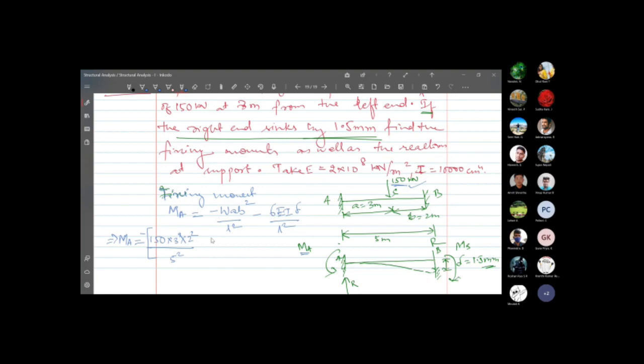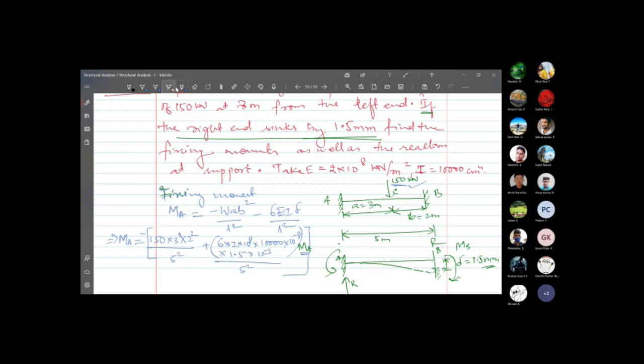Then plus 6 into E is 2 into 10 to the power 8 into I is 10,000 into 10 to the power minus 8, then delta is 1.5 into 10 to the power minus 3 divided by, again, 5 square.